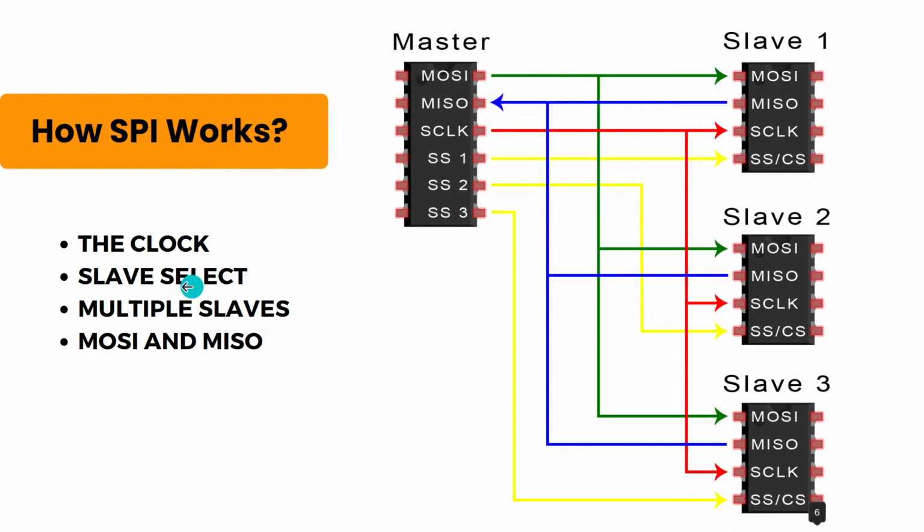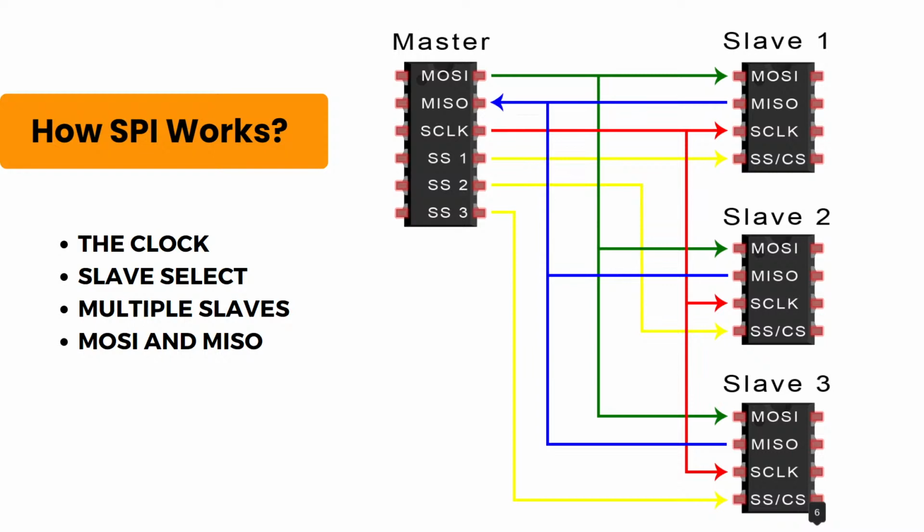And then coming to slave select. The master can choose which slave it wants to talk to by setting the slave line, which is the chip select or slave select line, to a low voltage level. In the idle, non-transmitting state, the slave select line is kept at a high voltage level.